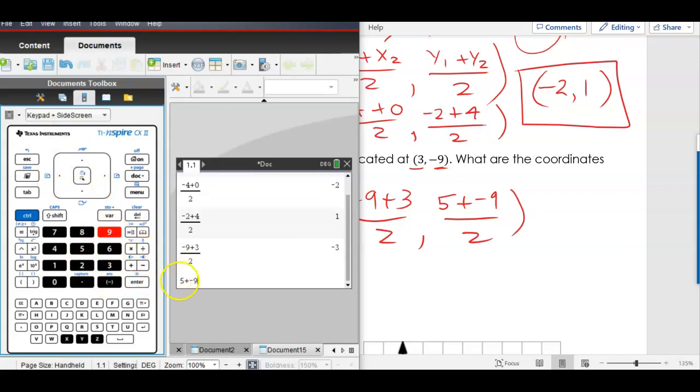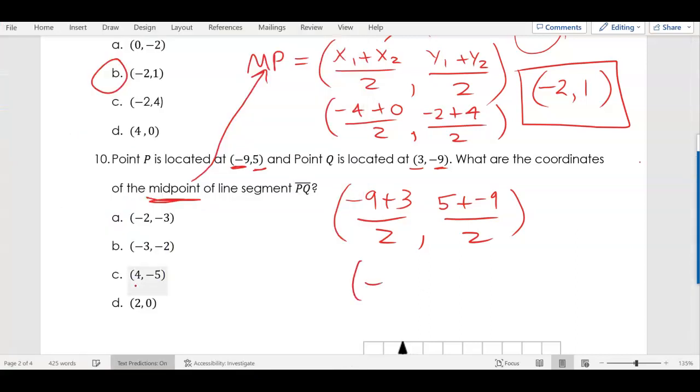Now, if you start typing it wrong and you hit Control Divide, see how that's giving you the wrong looking fraction? Always start with Control Divide, where you don't get the wrong answer on accident. That gives negative 3, negative 2. Cool.